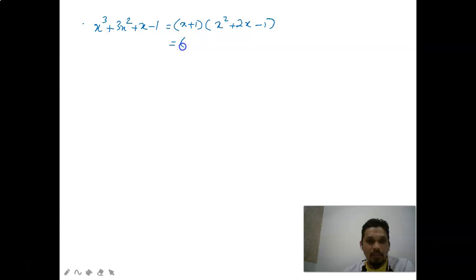So then here we factorize as x plus 1. Okay, let's find out the other two factors here, x squared plus 2x minus 1. I don't think that we can factorize this.